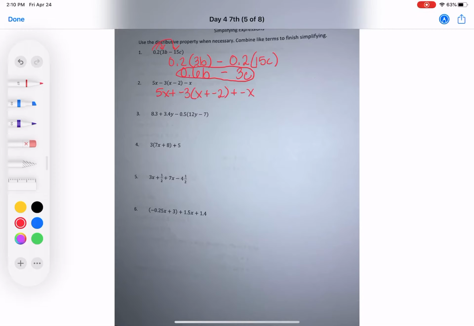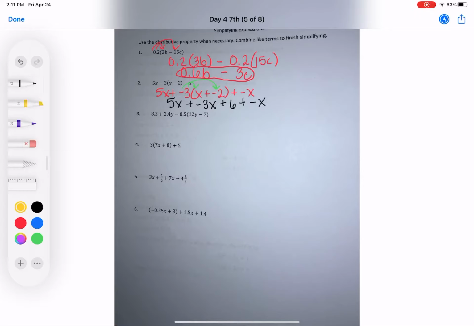So now I'm going to distribute, and my new problem is 5x plus negative 3x plus negative 3 times negative 2 is positive 6 plus negative x. So now I can combine like terms.